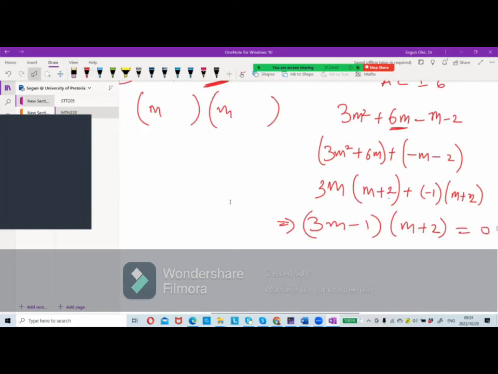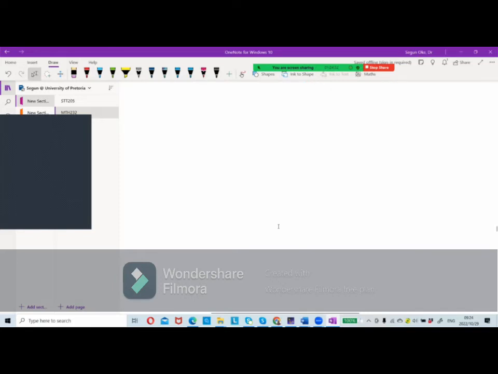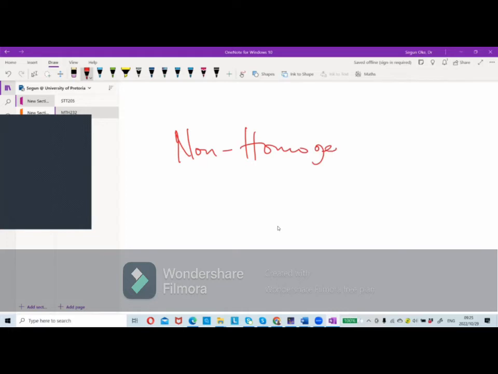Yeah. So let's move on to second order. So when we have, don't forget, this is just homogeneous. But when we have non-homogeneous second order, we call it Cauchy.